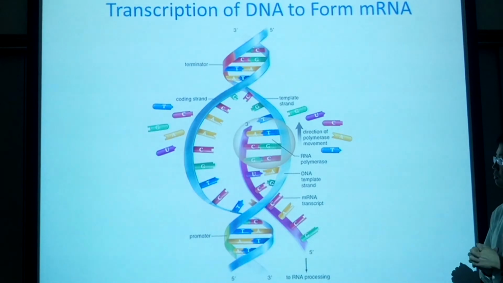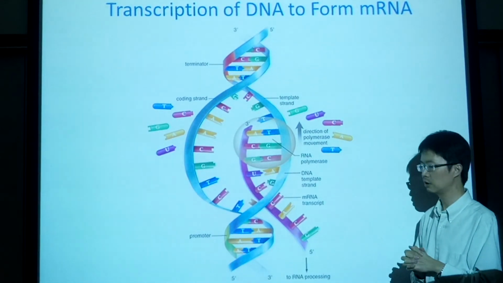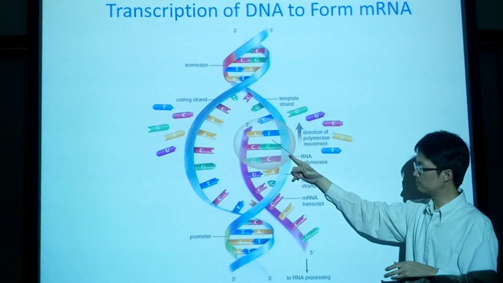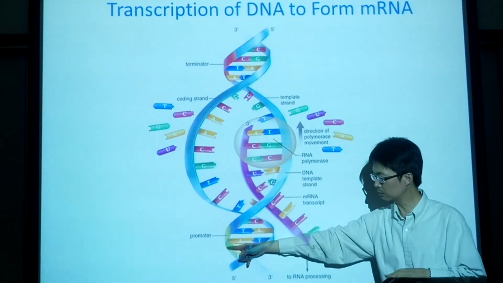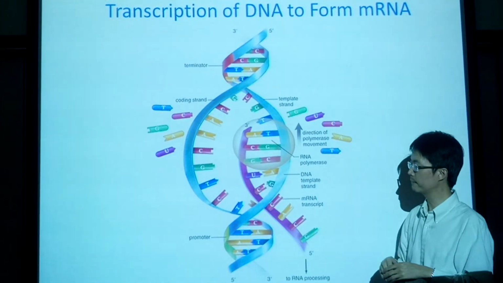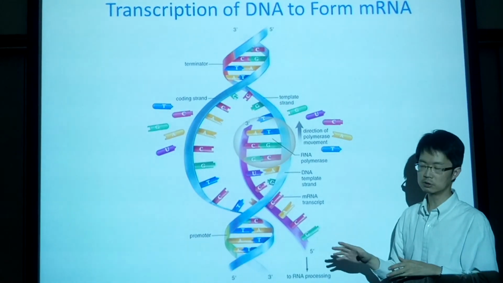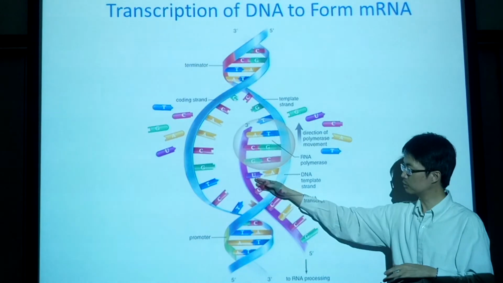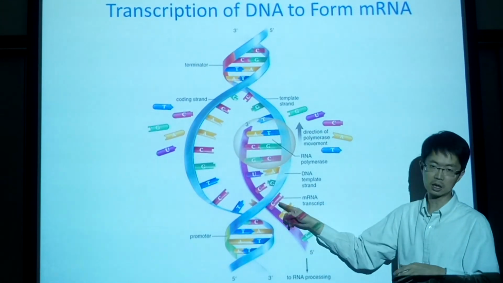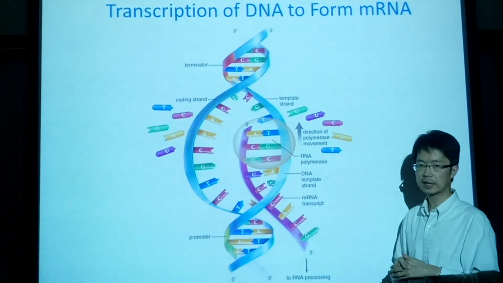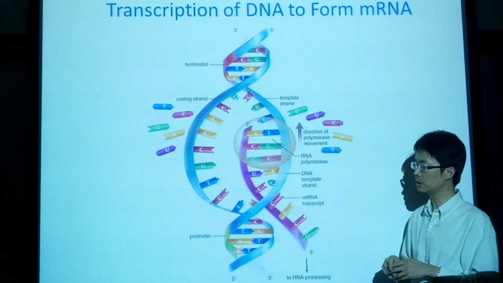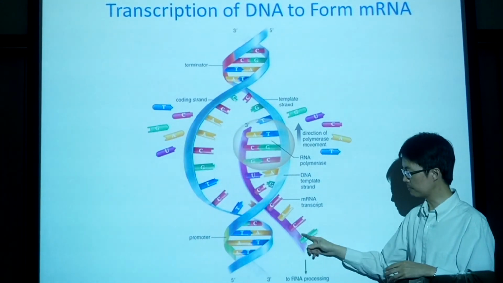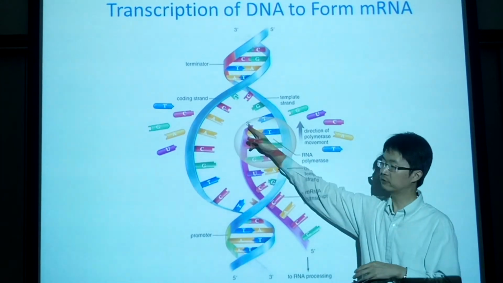So this is how transcription occurs. First of all, the RNA polymerase binds to the promoter region on the DNA, and then after this, you will start to synthesize the messenger RNA molecule, which is purple in color. And again, just like DNA replication, the messenger RNA starts with the 5' end and then ends with the 3' end.